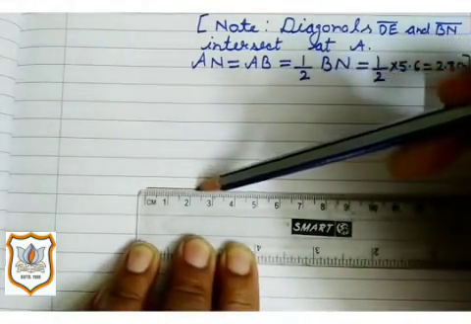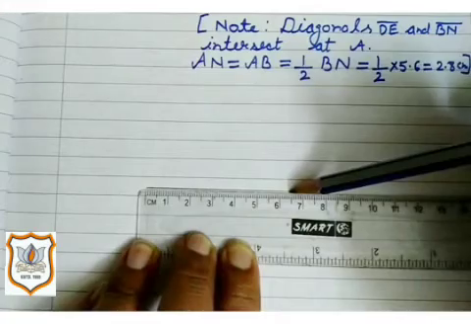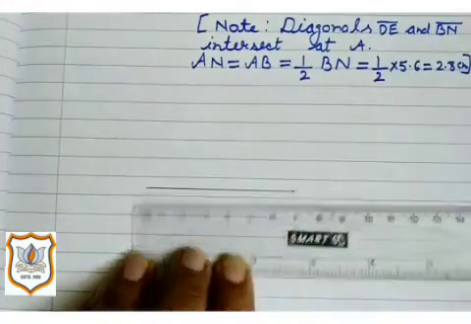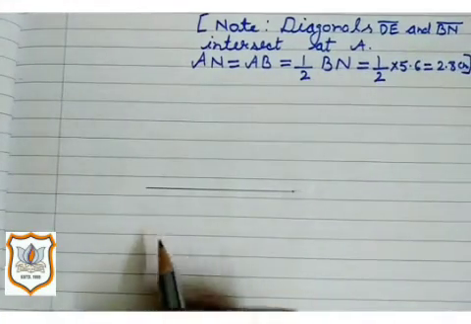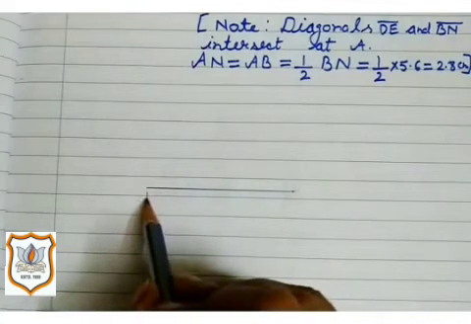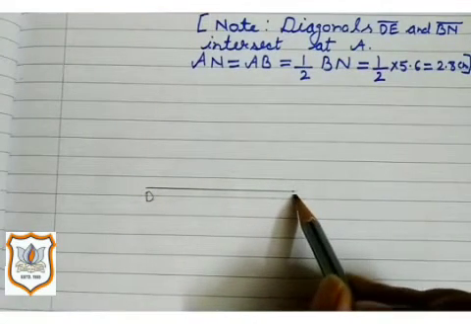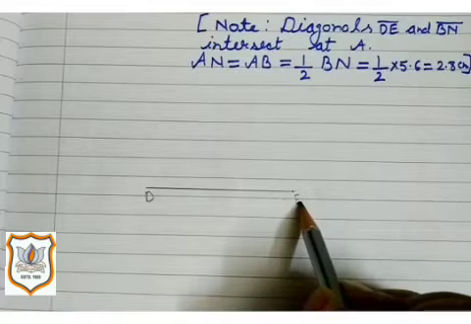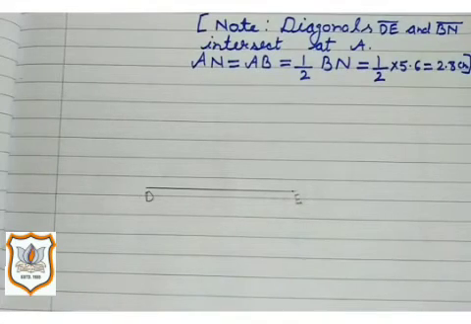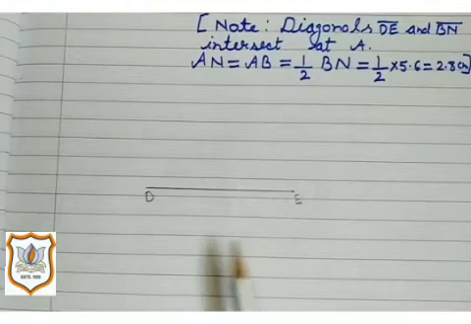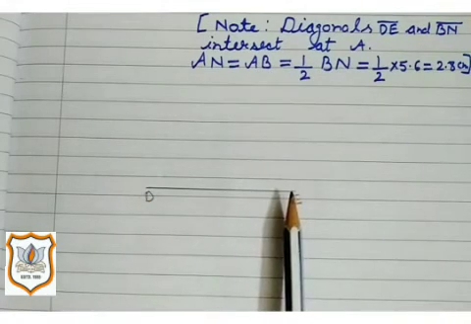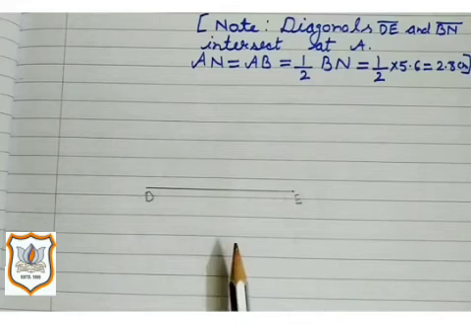So students, you can see here this is 6.5. This is DE. Clear? Now we will draw a perpendicular bisector of DE, which intersects DE at point A.